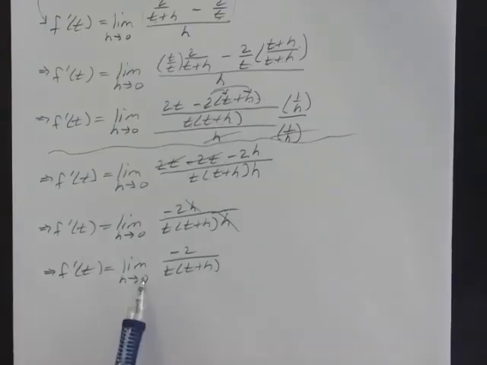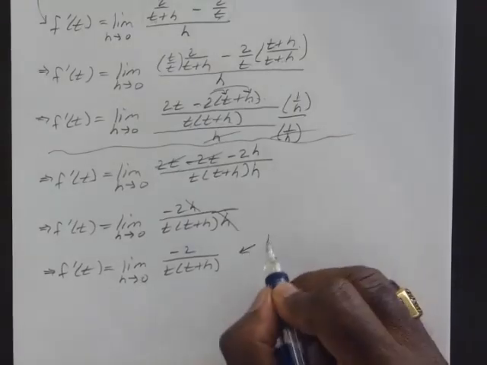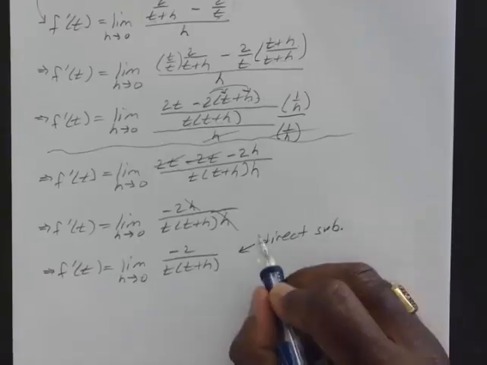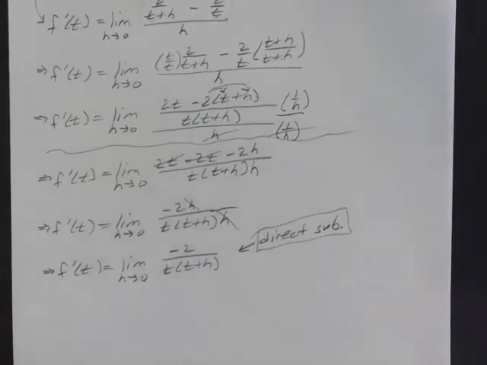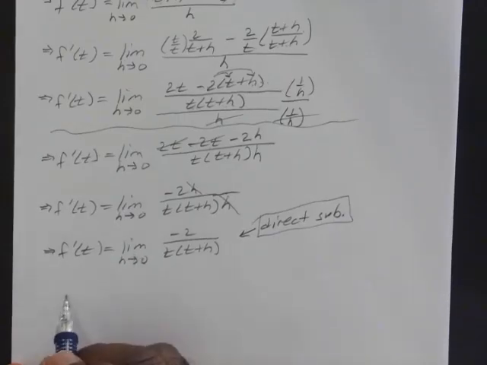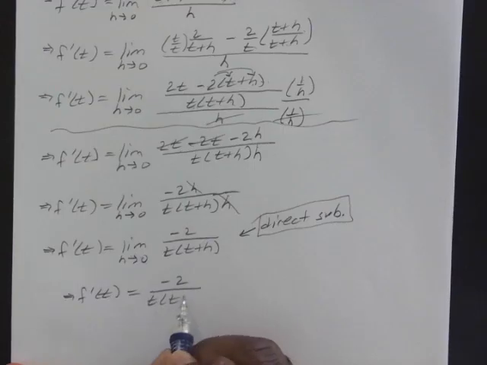So now we can apply direct substitution. We know that once we apply direct substitution, we don't need the limit anymore. So f prime of t is equal to negative 2 divided by t times t plus 0.